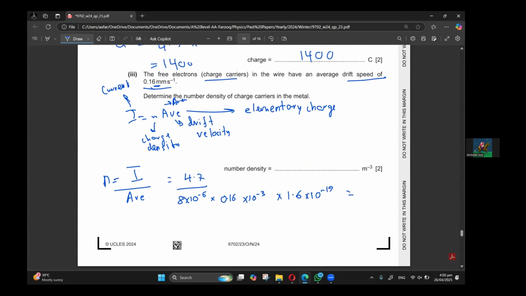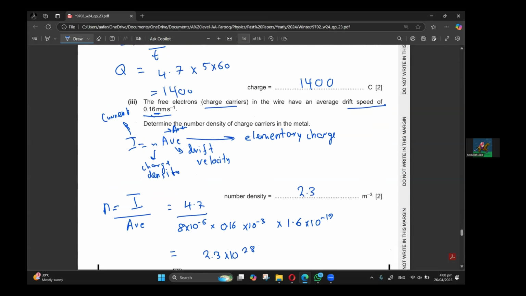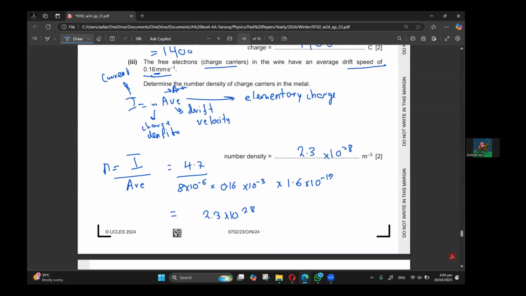Now we just calculate it, and we get 0.3 into 10 to the power 28 per meter cubed. That many electrons in a meter cube of the wire.